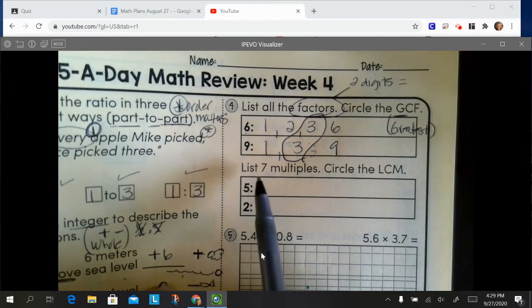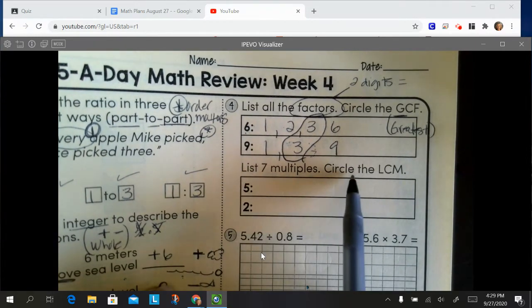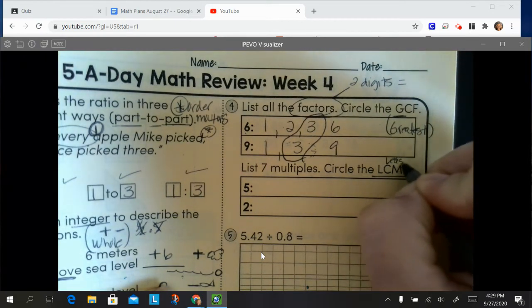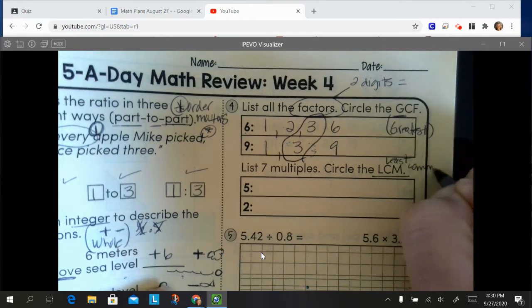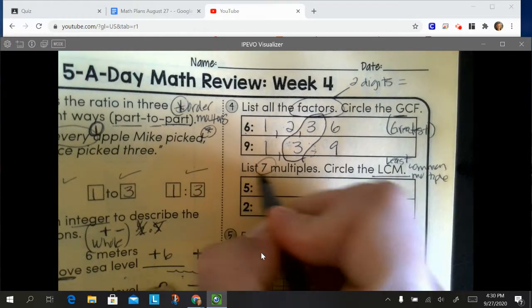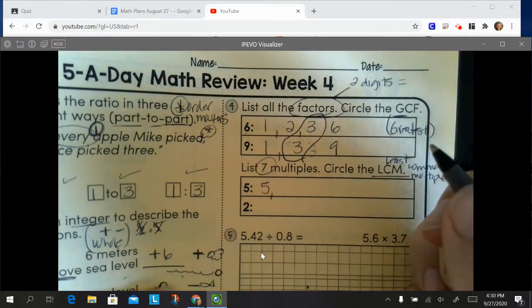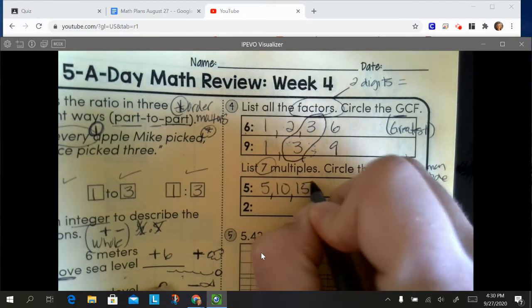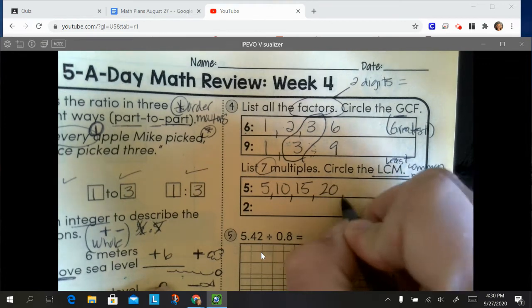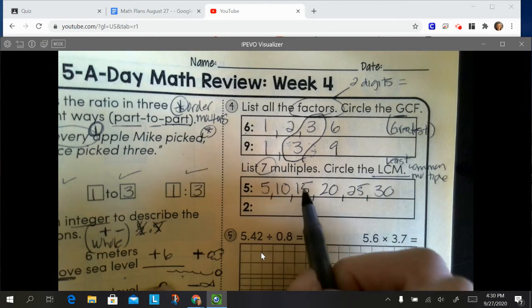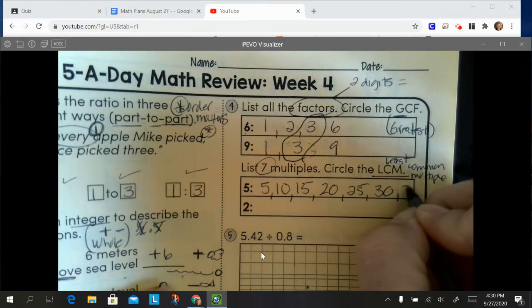The next one says list 7 multiples, and they want us to figure out the LCM, which is the least common multiple. The 7 multiples of 5 would be 5, which is 5 times 1, 10, which is 5 times 2, 15, 20, 25, 30. Let's see how many we have: 1, 2, 3, 4, 5, 6. Oh, we need one more. 7.